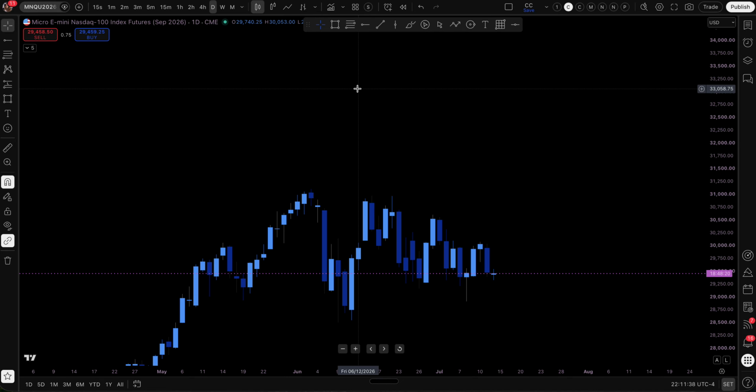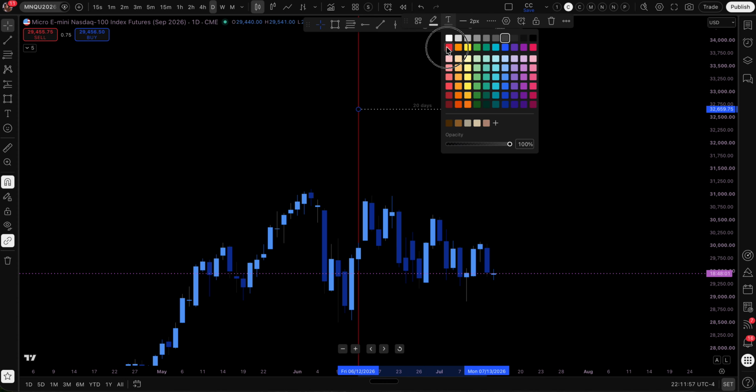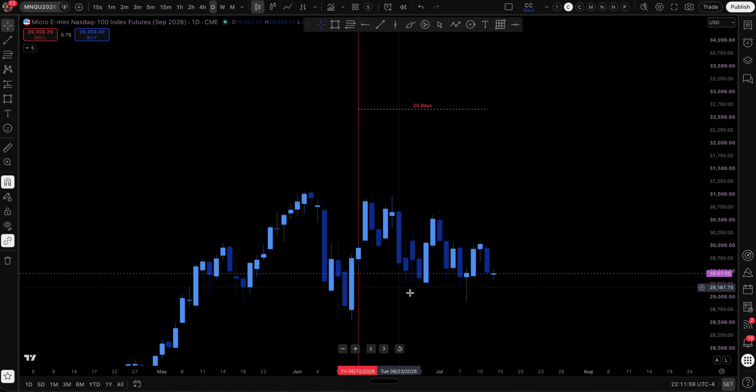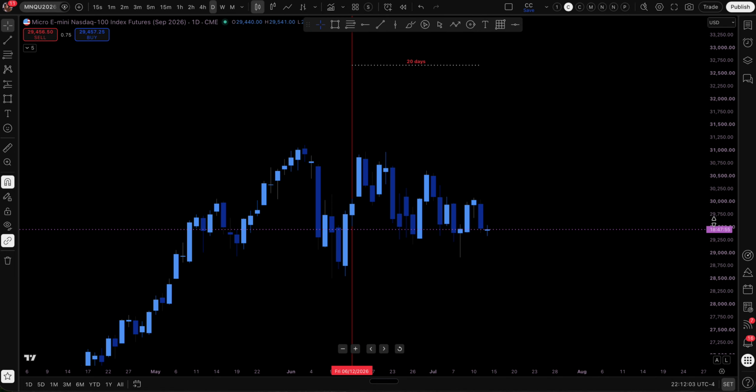So up to this point here, we would say that is 20 days' worth of price to look at. It's a 20-day look back. Basically, you're looking at what price has done within these last 20 days, and this will help you determine where price wants to go for the next week.